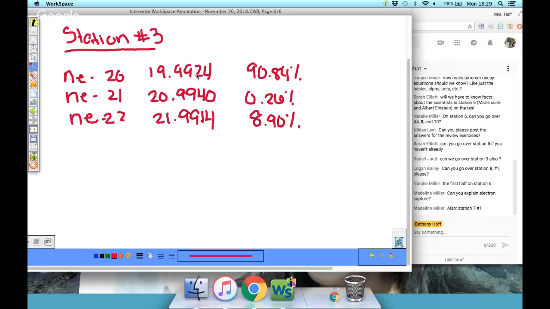Knowing that we have both the isotopic mass and the percent abundance, we can calculate the average atomic mass for neon.